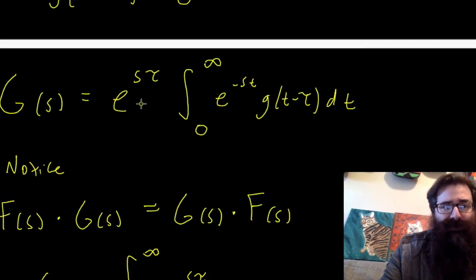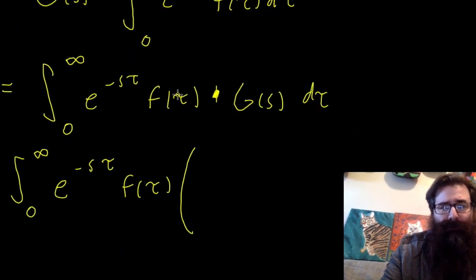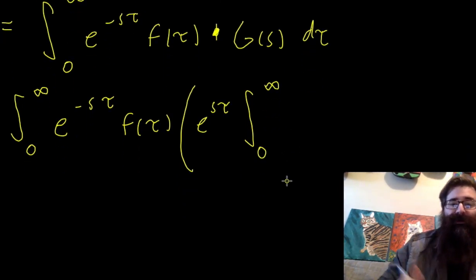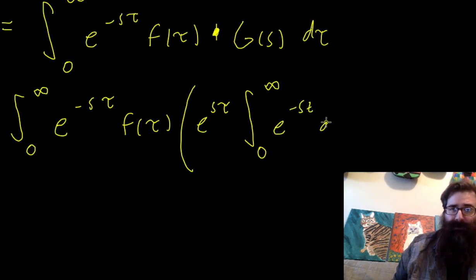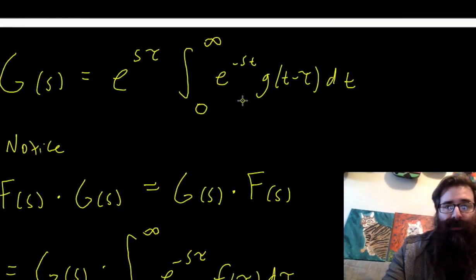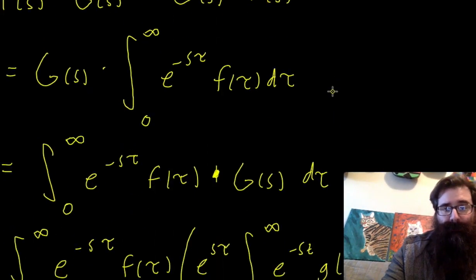We said g of s is this e to the s tau times the integral from 0 to infinity of e to the minus st, g of t minus tau, right? That's what we had for this, dt.